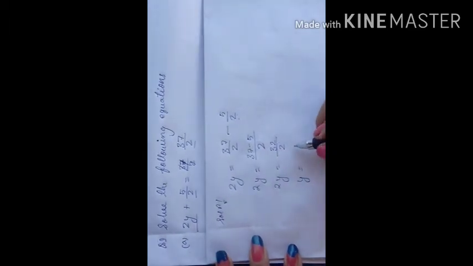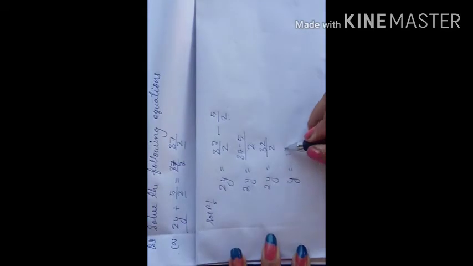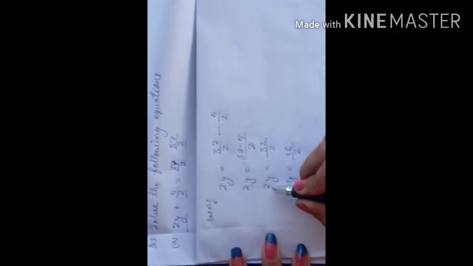Now y equal to 16 divided by 2, we transpose this 2 to the right hand side. It will become divide because here it is multiply. Now y equal to 16 divided by 2, what is the value? 8, isn't it? So the value of y is 8.